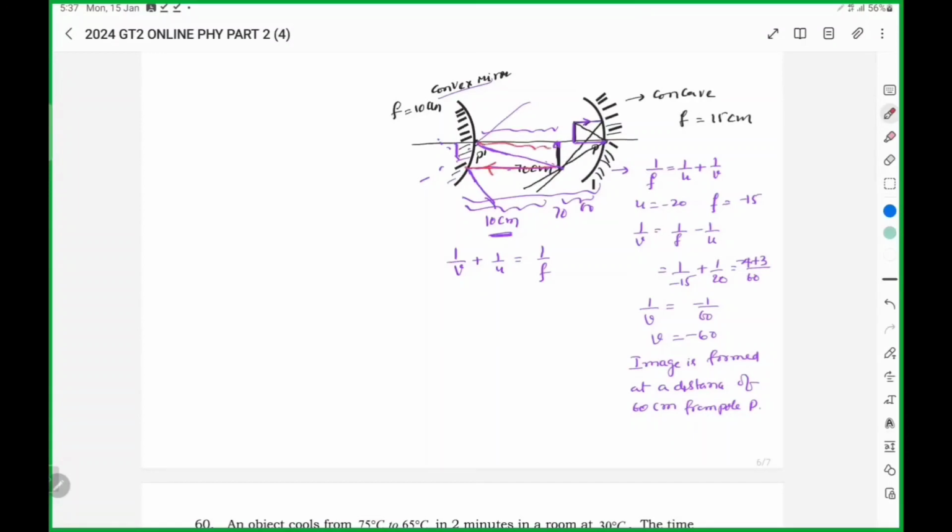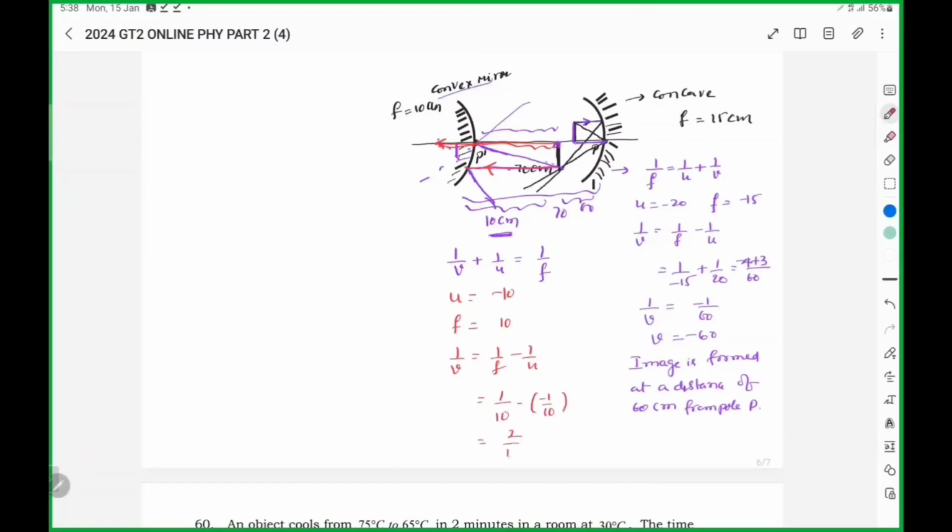Object distance will be measured towards the right, so u will be minus 10. Focal length is towards the right, opposite to the direction in which rays travel, so focal length is positive. So 1 by v will be 1 by f minus 1 by u, which is 1 by 10 plus 1 by 10.